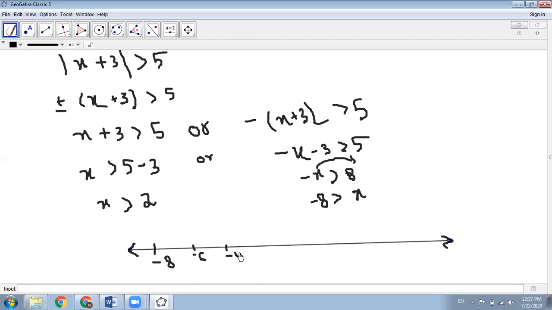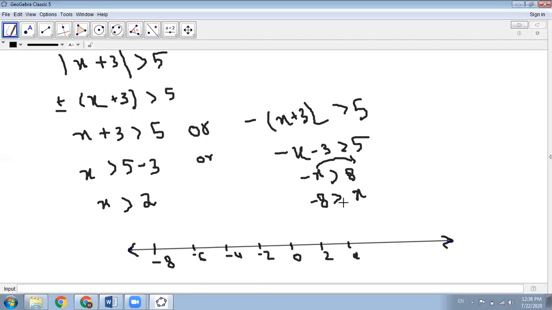Make sure that these differences are the same. Minus 2, 0, and then 2. And if you want to write more, then you can write 4, and so on.